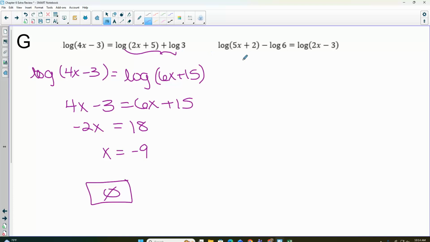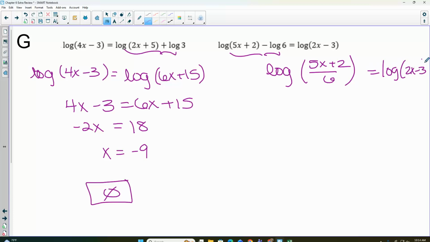All right. This one, these logs are subtracted. How do you put those together? So now, if there's a log on both sides, we can drop it.